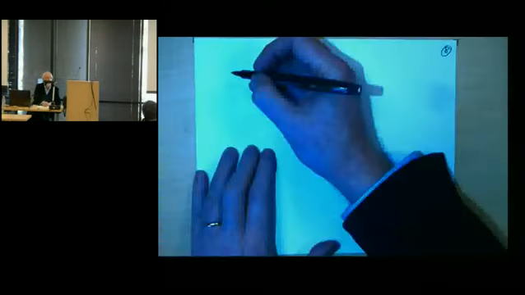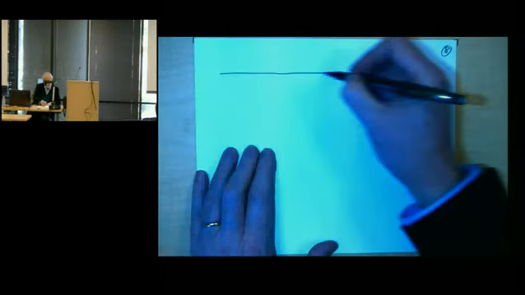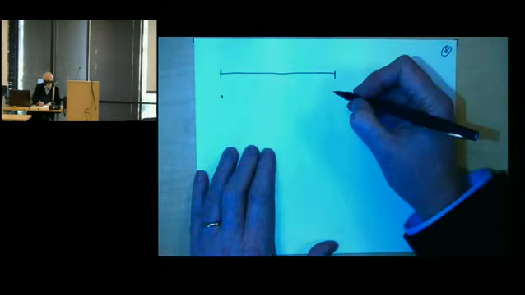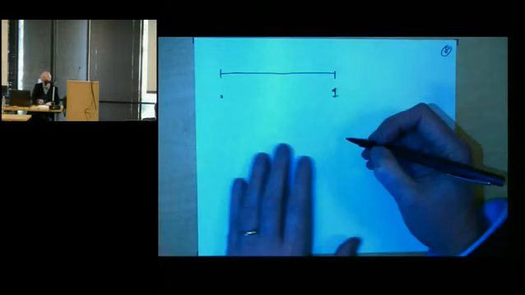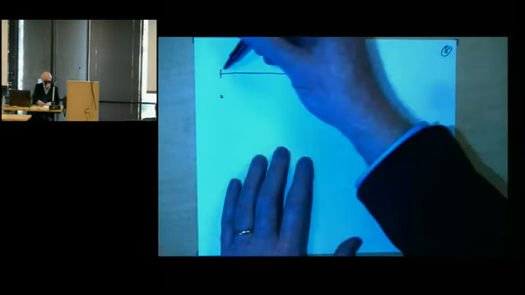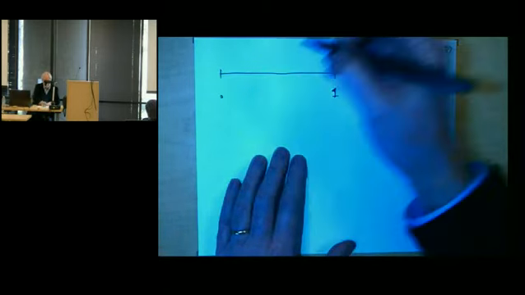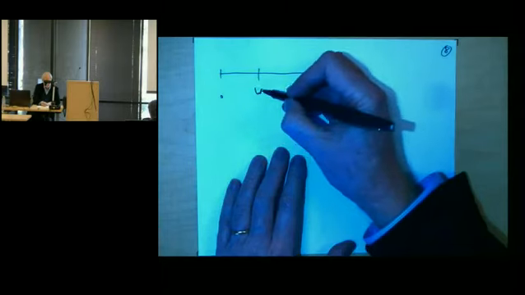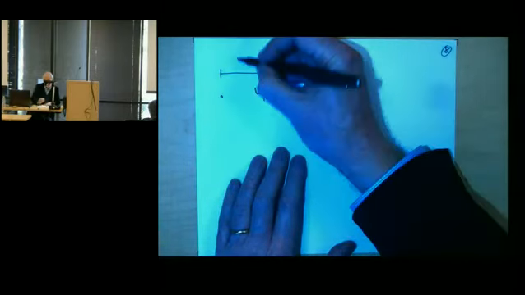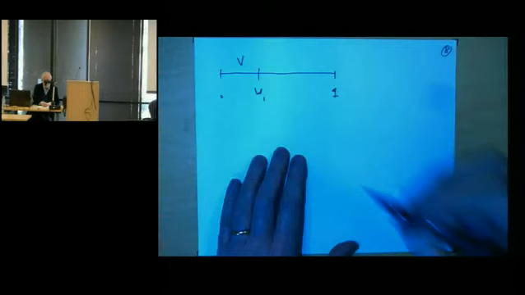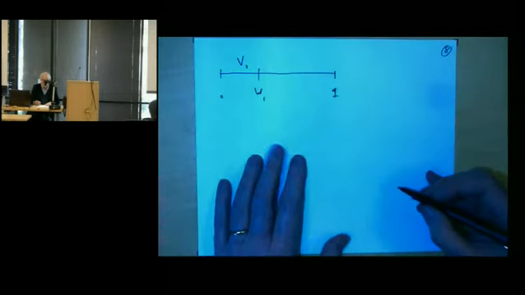The reason it's called a stick breaking algorithm is you take a unit interval, think of it as a stick of length 1, and you break it at some random point called W1. And that's the V1 in this algorithm we're about to look at.